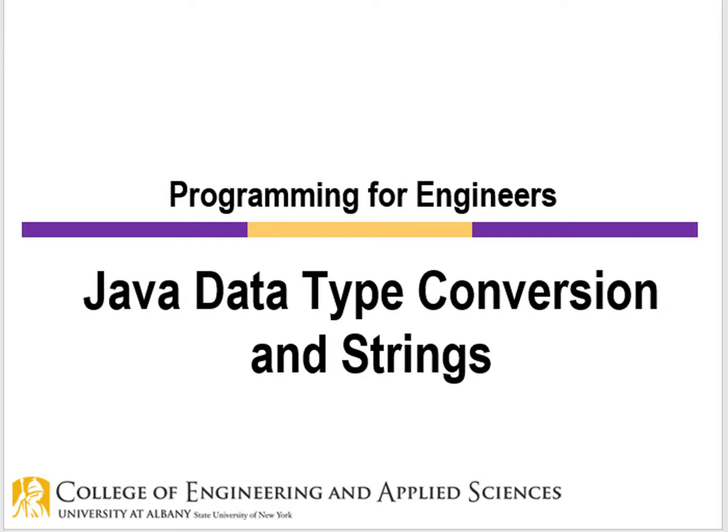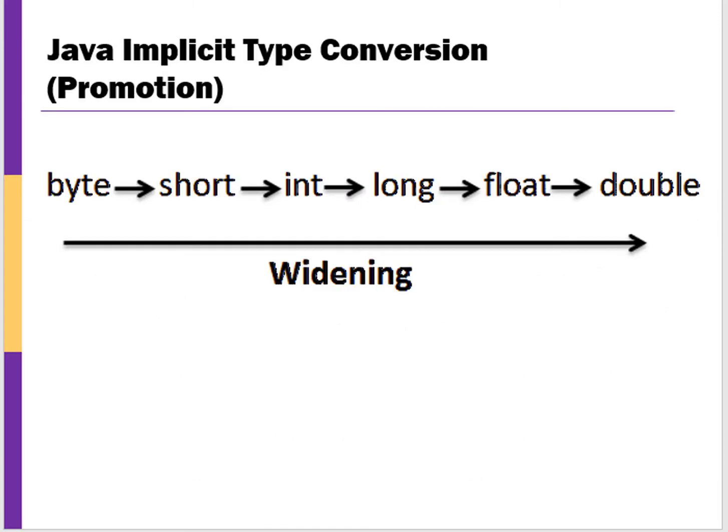Now with that being said, let's talk about data type conversions. This is really similar to what we saw in C. Let me refresh your memory a little bit: we're going through something called data promotion, which is the implicit type conversion.